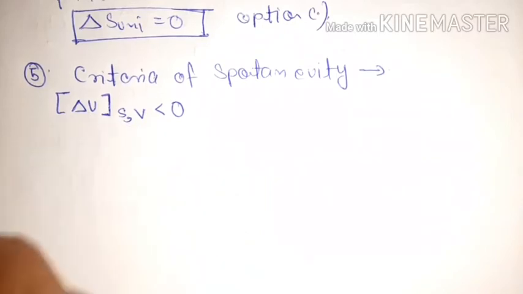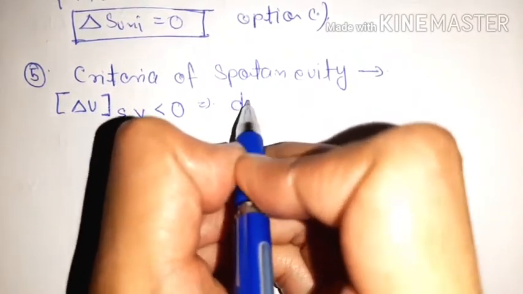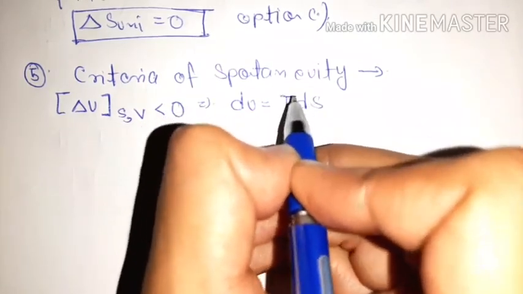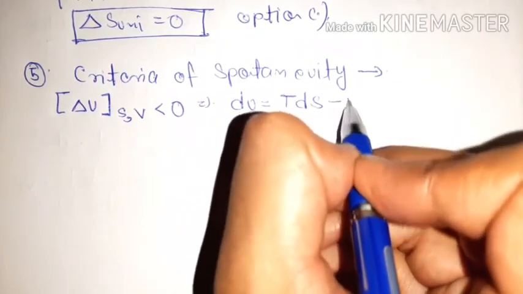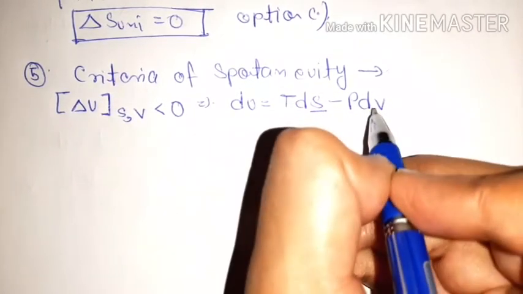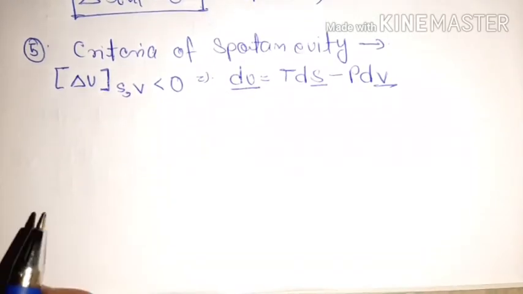This is the first criterion of spontaneity, and it comes from your first thermodynamic relation, the fundamental equation dU equals TdS minus PdV. From this equation, at constant entropy and constant volume, the change in internal energy is less than 0.